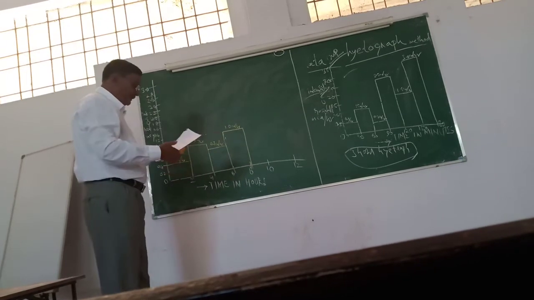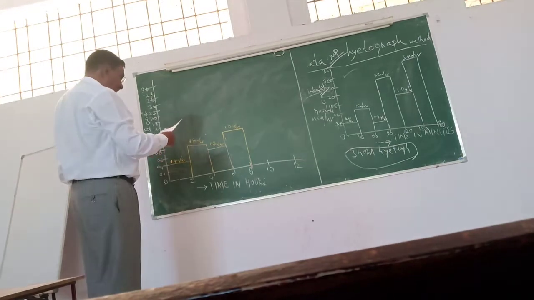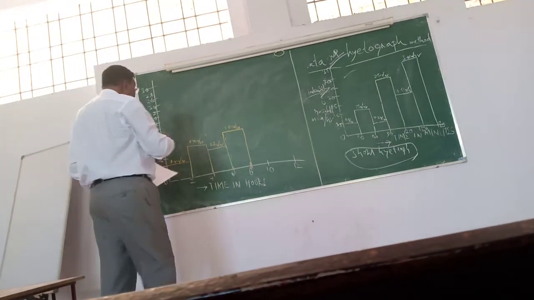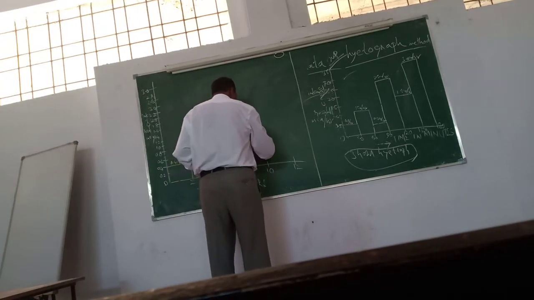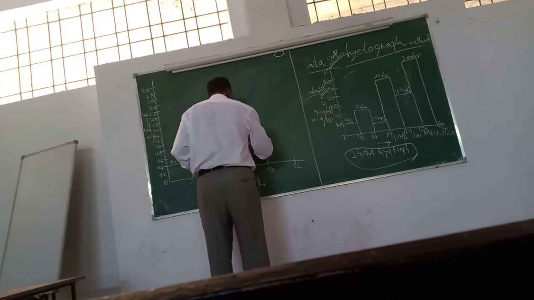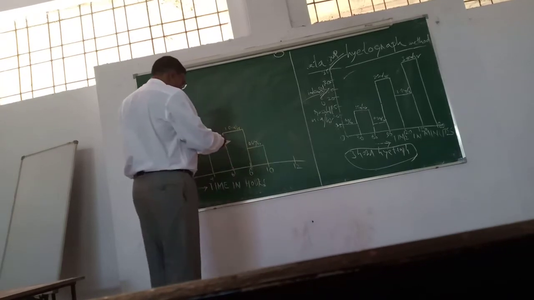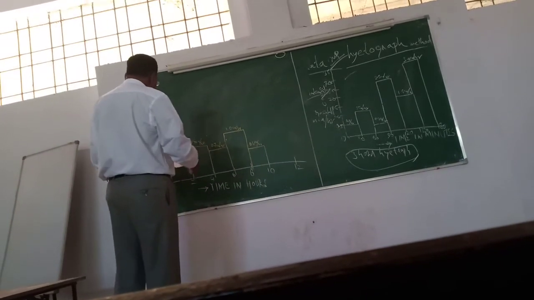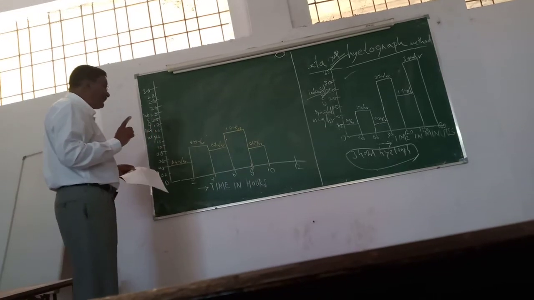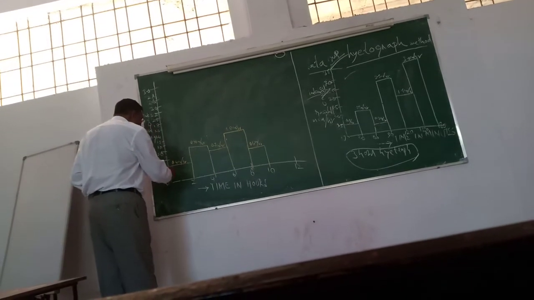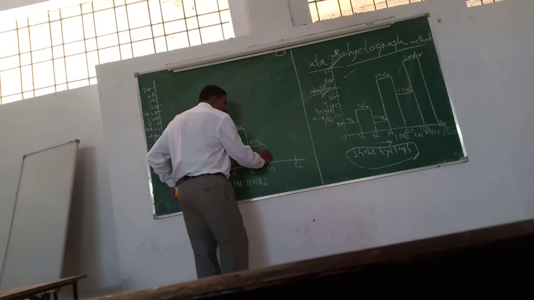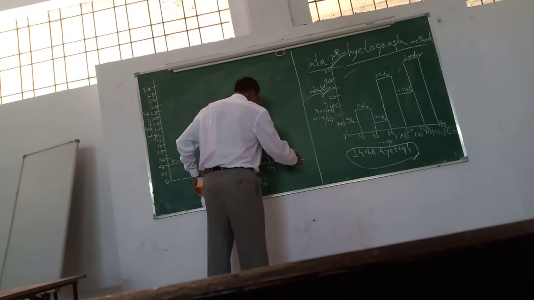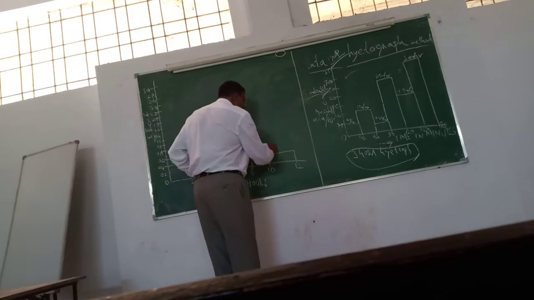Next 2 hours, it is again reduced by 0.4. This is 0.4 centimeter per hour. Then the last hour, it is coming as 0.3 centimeter per hour. Very careful. 0.2 is here, 0.3 is somewhere here. This is 0.3 centimeter.